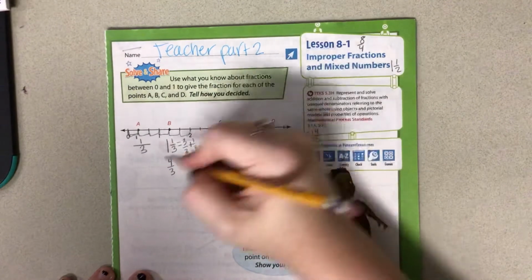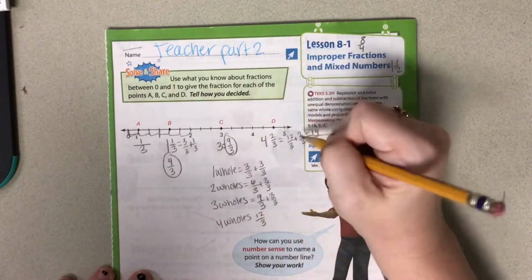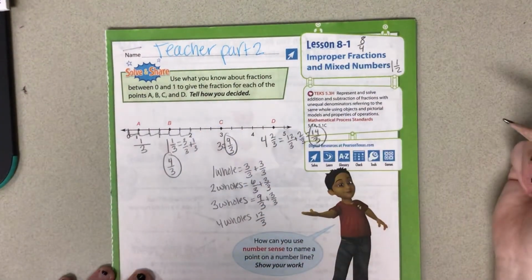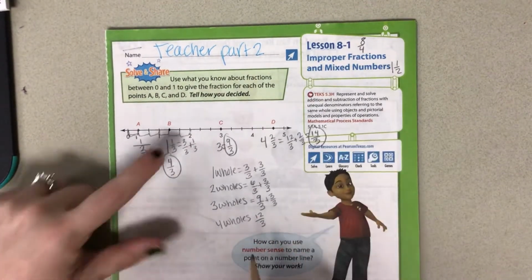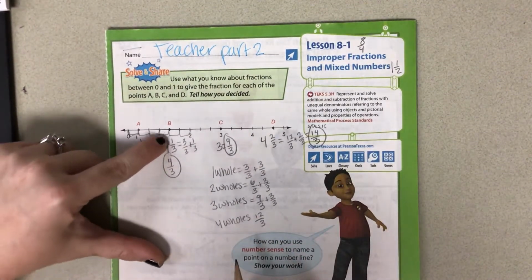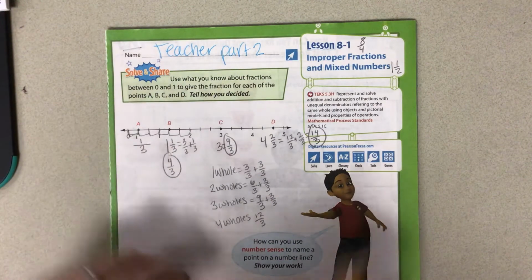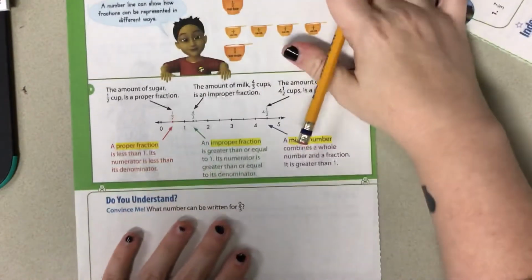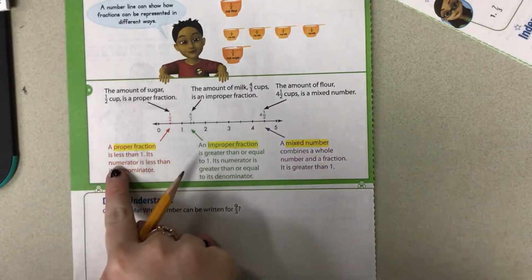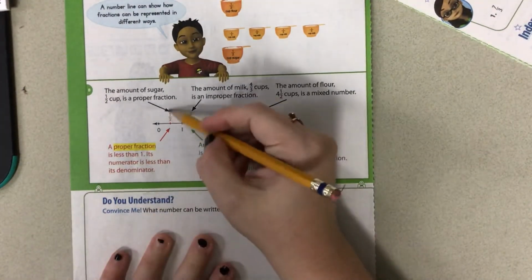Now notice, these are all improper fractions because they came from mixed numbers. So it's more than a piece because you have a whole in there. So a proper fraction is less than 1, such as 1/2.